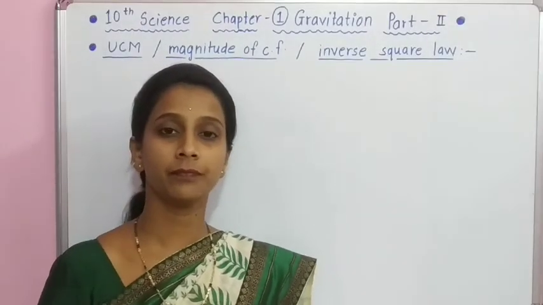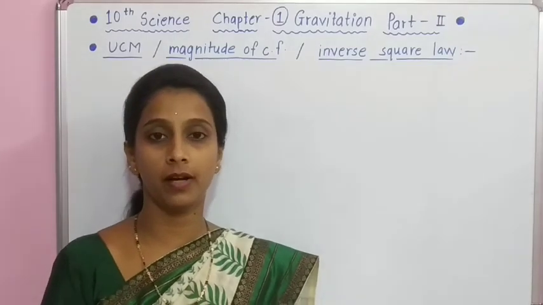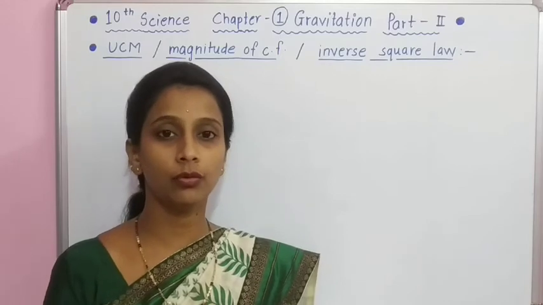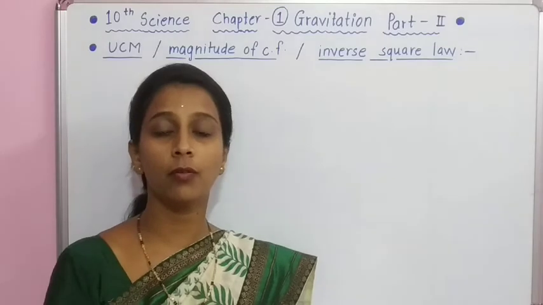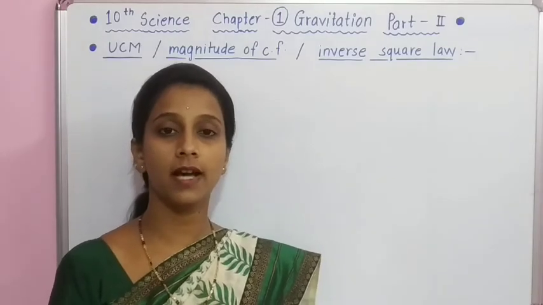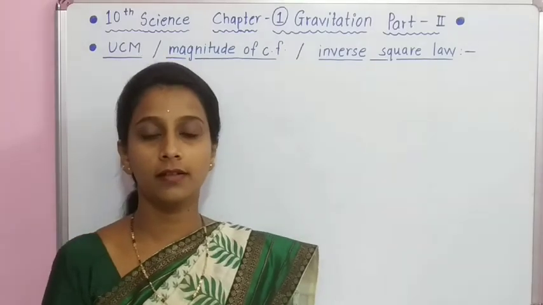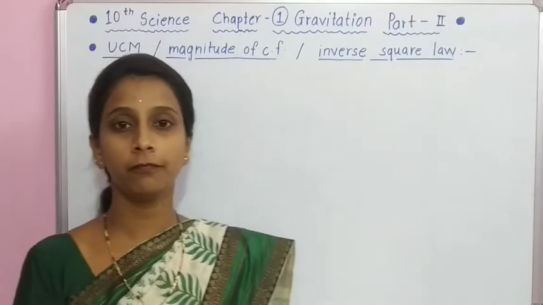Now students, the object will move continuously along the circular path if and only if a force is directed upon it toward the center. Such a force is called a centripetal force.